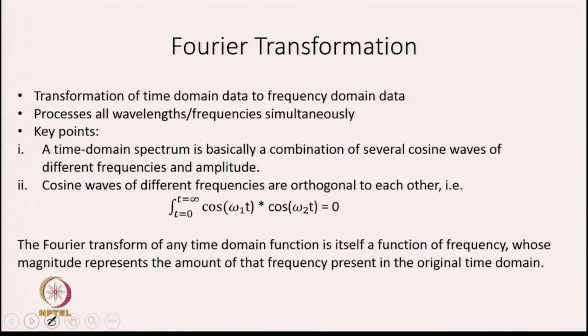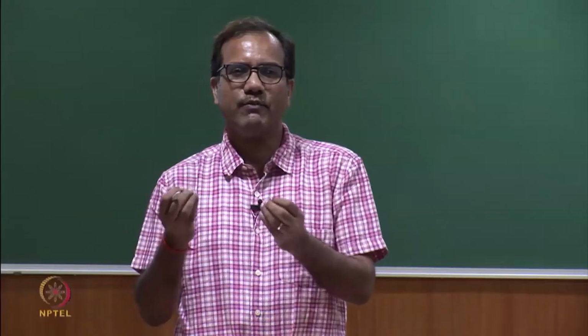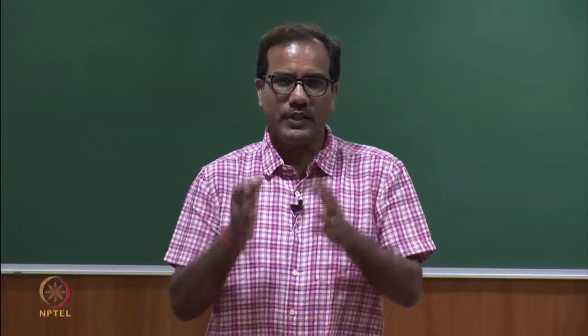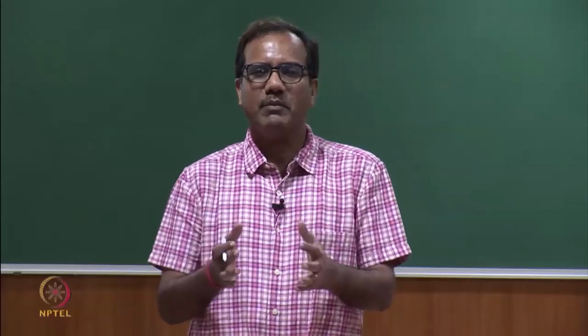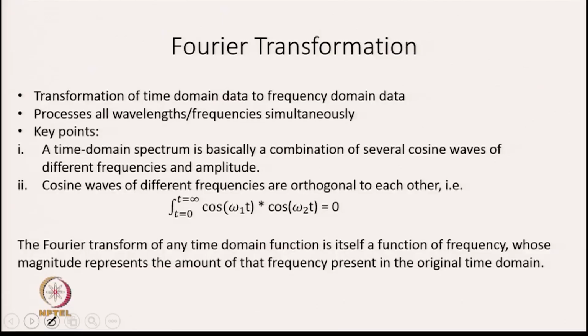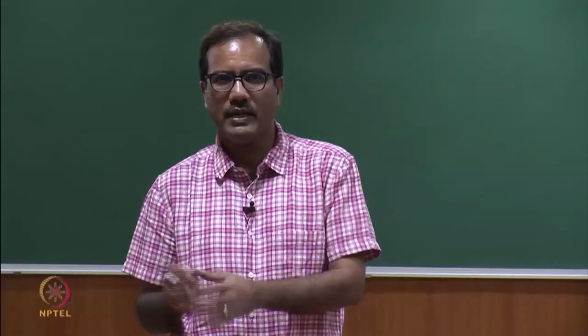Now, the question is how to transform time domain data to frequency domain data. Once you obtain time domain data, you need to convert it to frequency domain data to get information out of it, so you need to process the data.